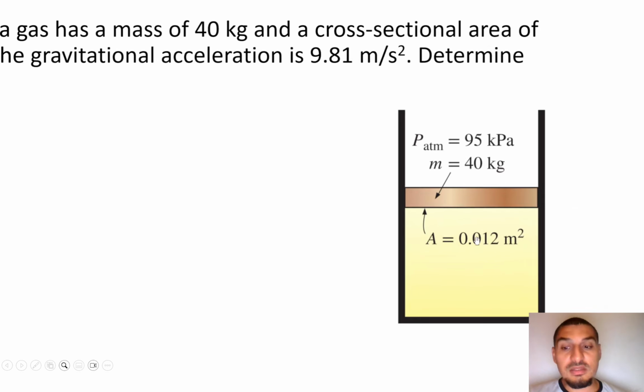For a cylinder like this, there is part of the gas that is directly below the piston, and there is a part of the gas that is at the bottom of the cylinder. So there's a difference in height between the two points, and you might think that we need to specify exactly where we want to calculate the pressure, because the pressure here is going to be different from the pressure here because of the head of the gas.